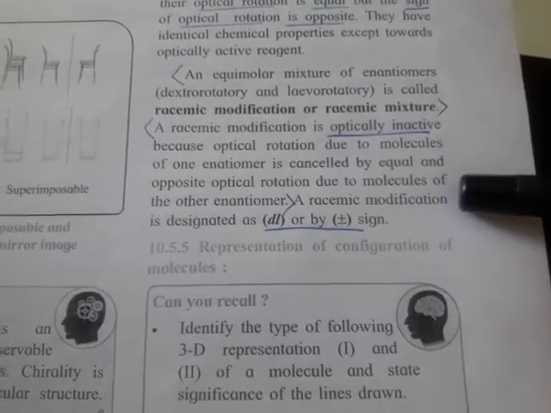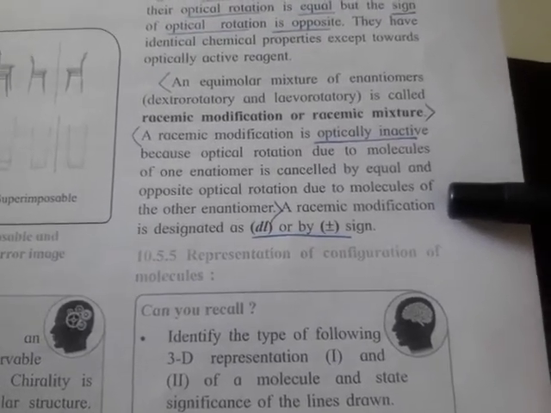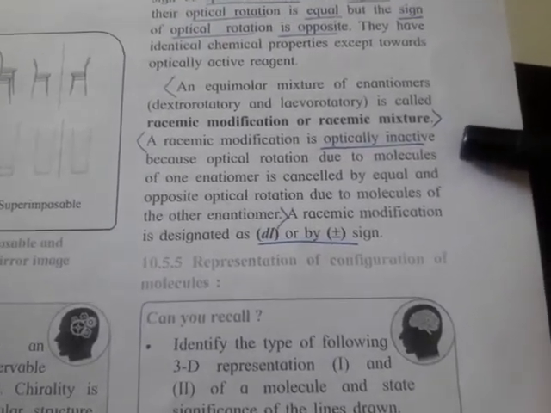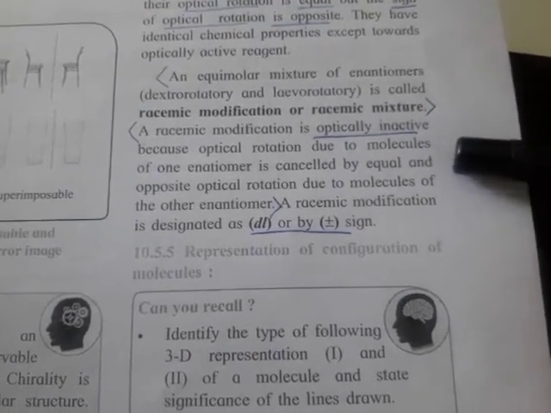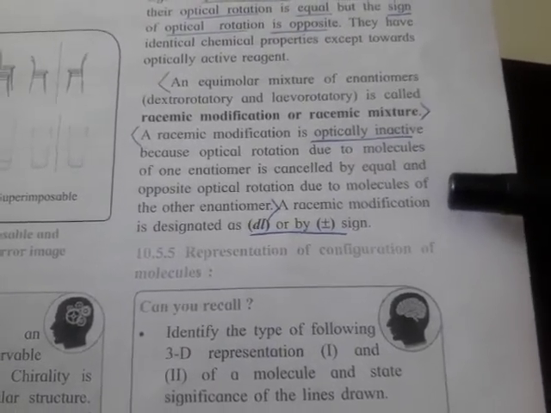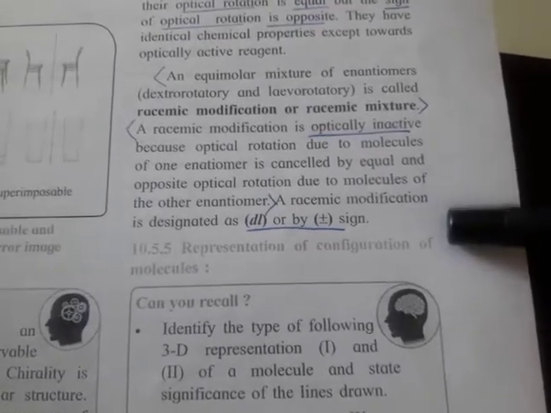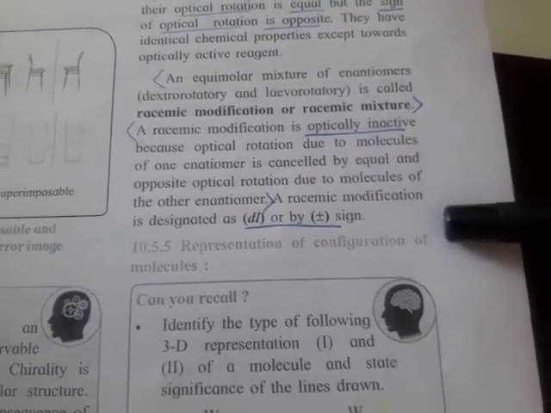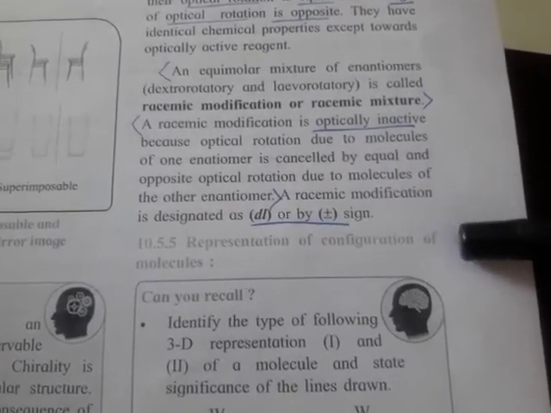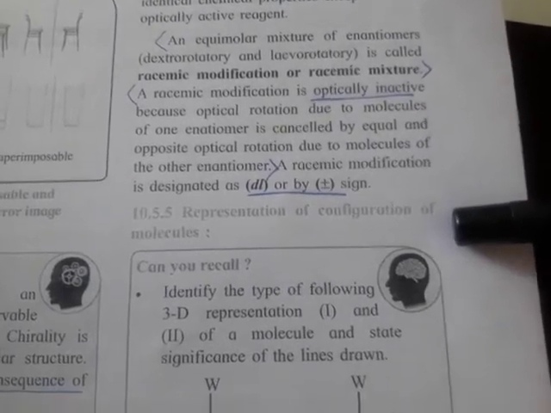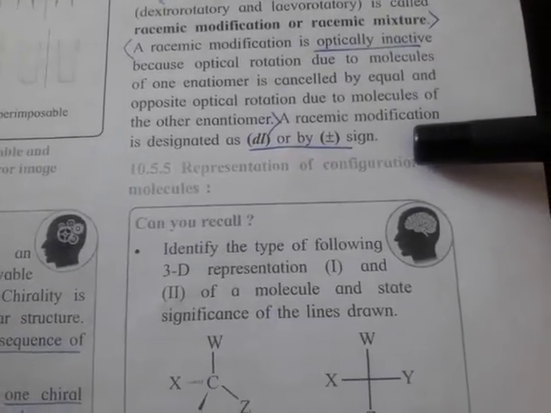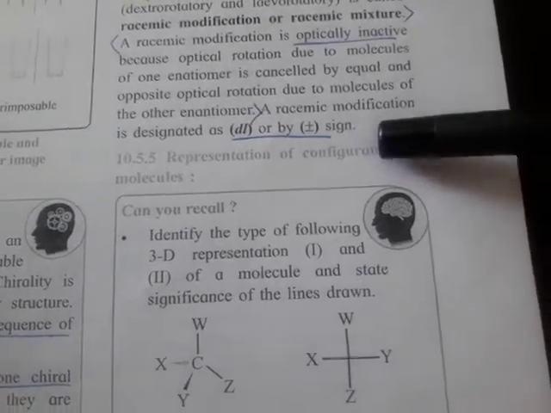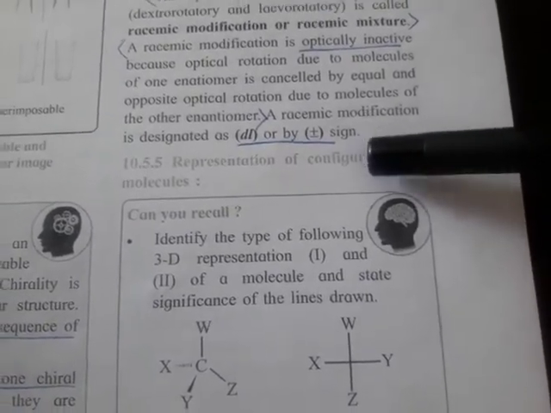In the same way, optical rotation in the racemic mixture is explained. Dextro pulls towards the right, levo pulls towards the left, and the resultant is no movement in any direction. This racemic mixture is denoted as DL or in brackets plus and minus sign.